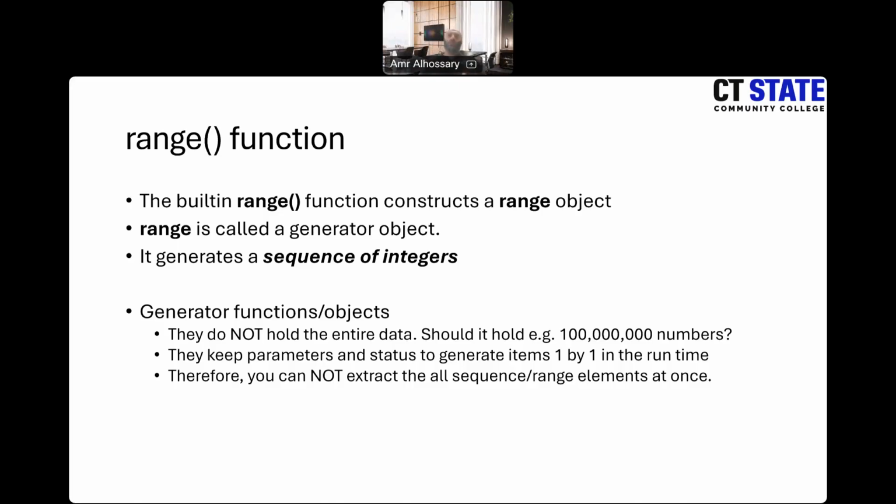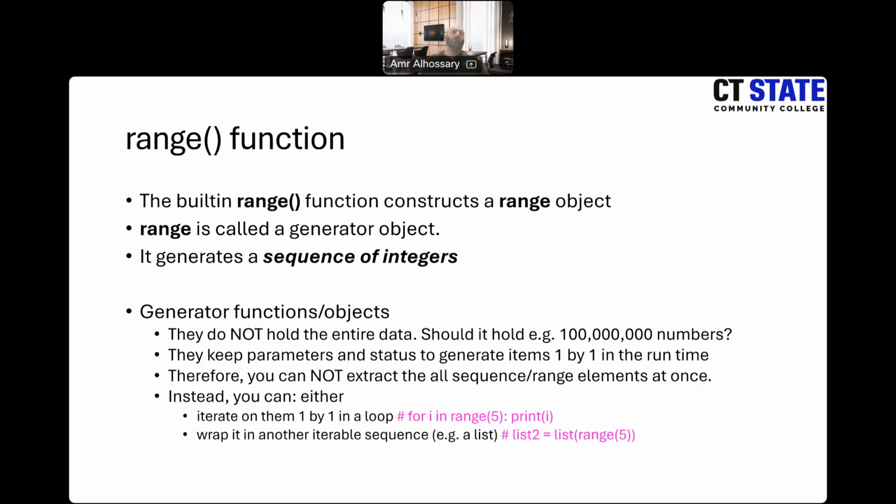So if you want to extract the data, all of it at once, you have one of two options. You can either iterate on them one by one in a loop, like for i in range of whatever, or wrap the whole generator in an iterable sequence, and they should extract them for you, and then take the iterable and work on it.